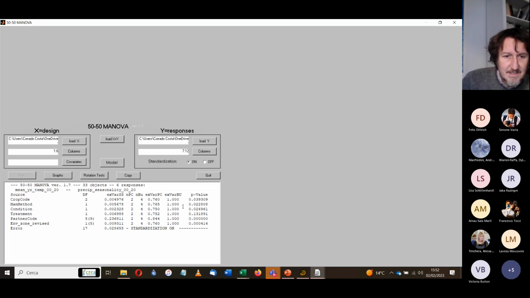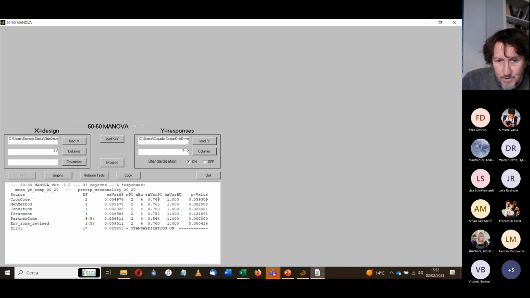As you can see, the result of a MANOVA is very similar to the one that we observed with the ANOVA. So the degrees of freedom, the sum of squares, variance, and we have also the number of PC, the number of principal components. This is different from ANOVA.